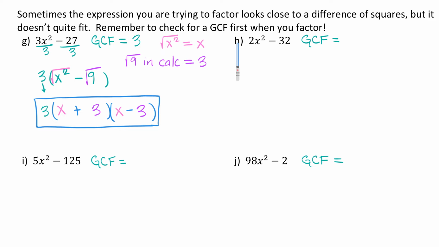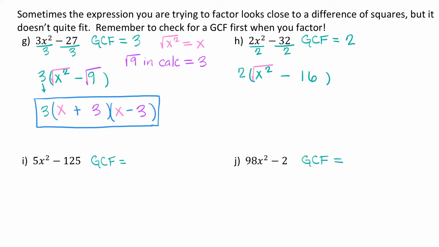For example H, the number that we can divide 2 and 32 by is 2. So we put 2 in front of parentheses. When we divide by 2 for the first term, we're left with x squared. When we divide by 2 for the second term, we're left with negative 16. Now we can do difference of squares.